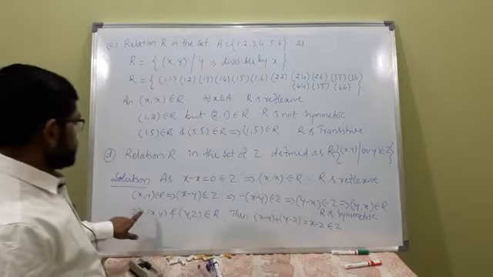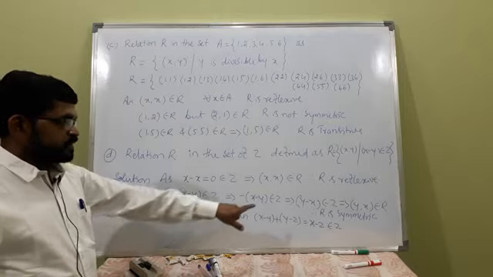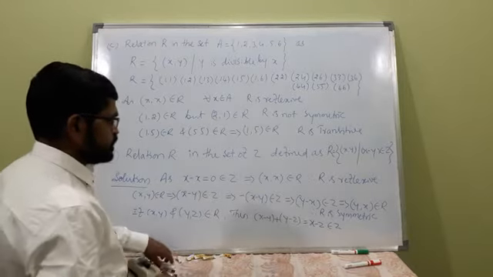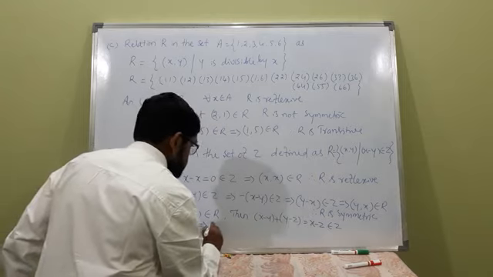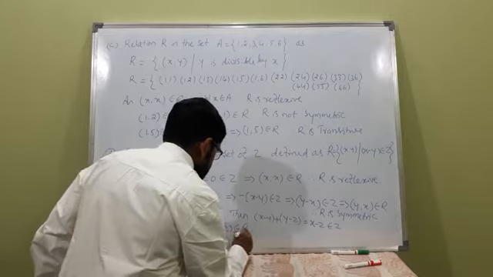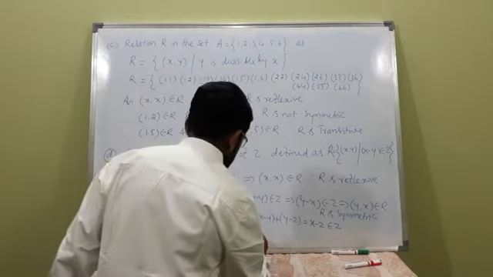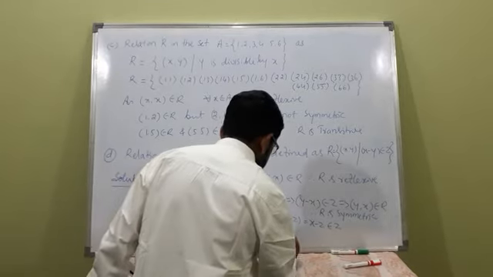Therefore (x, y) belongs to R, (y, z) belongs to R implies (x, z) belongs to R. Therefore, R is transitive.